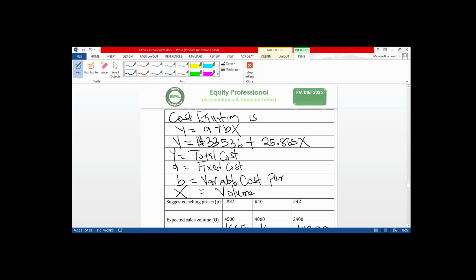Once you estimate your cost, you are going to get values for your A and B. Then return to the equation and substitute the values of A and B. That equation will now be used to predict cost.